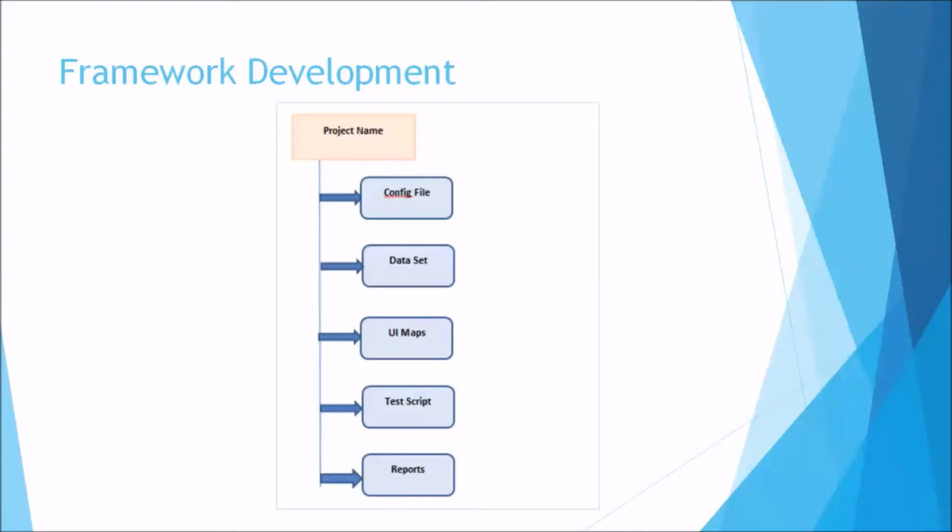If we are using a DB, what would be the DB credentials. Everything would be there in the configuration file. It is the things which are configurable. Even the browser type can be mentioned there. So if you want the browser type as Chrome, you can mention that there, and depending on that browser, the code will run.